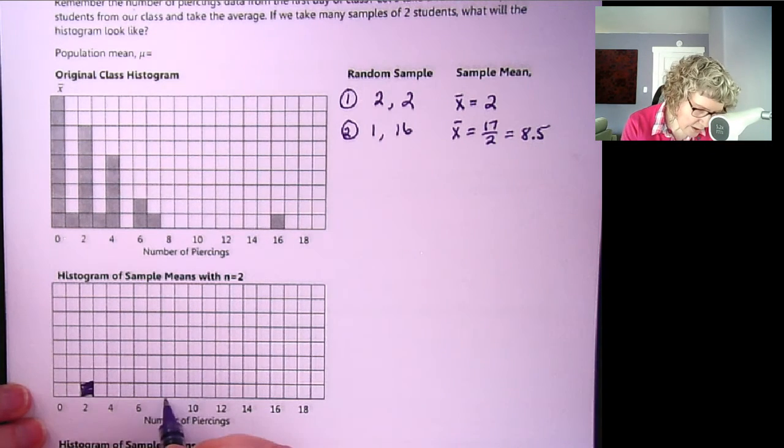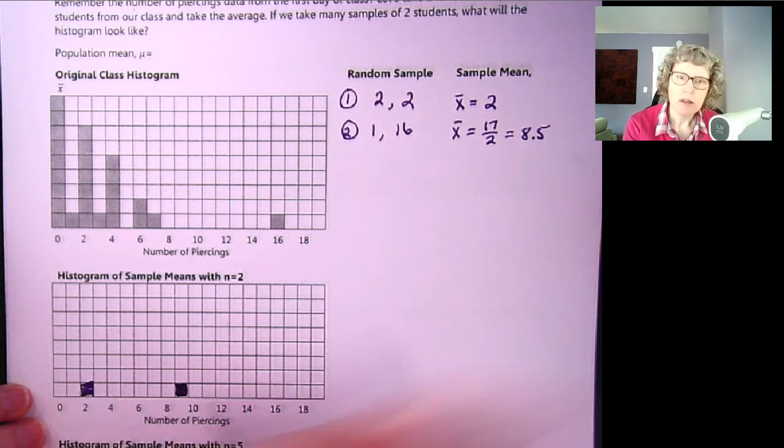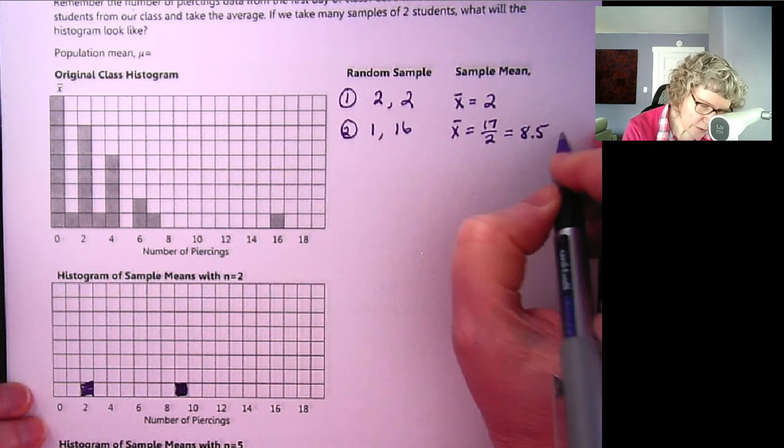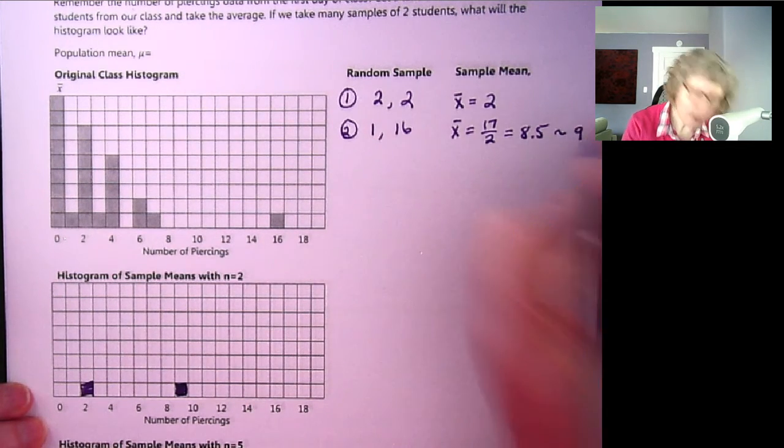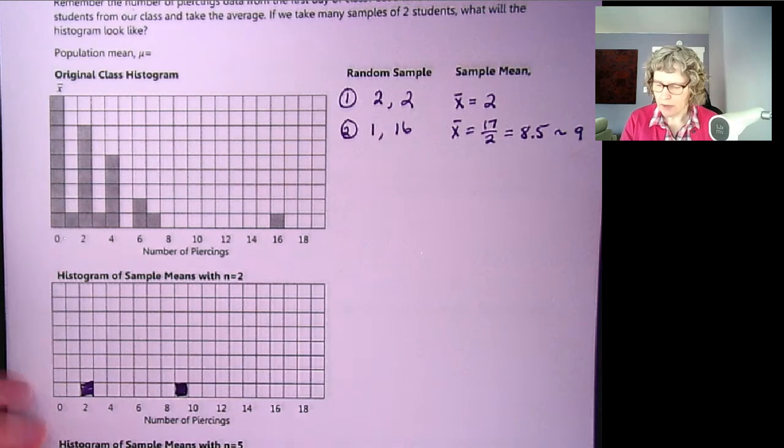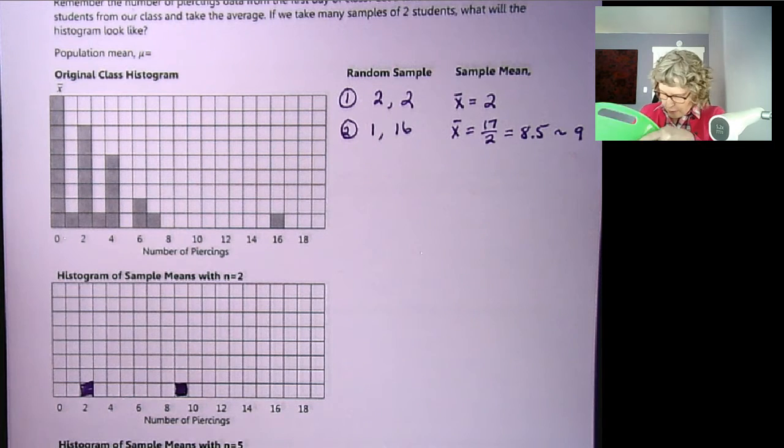I don't have decimal capability on this, so I'm going to round that to 9 piercings. I'm going to do one more and then I'm going to fast forward a little bit. See what you think is going to happen to the shape of this new histogram. Whoops, I dropped them.